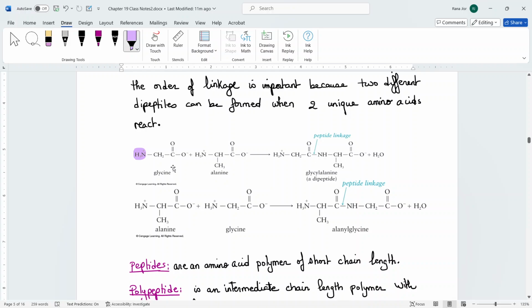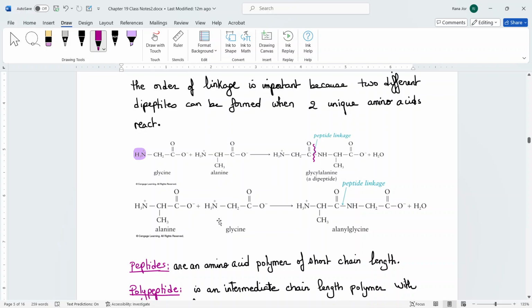The sequence is important because if you react glycine and alanine, you get a dipeptide which starts with glycine and ends with alanine. To break down that dipeptide to its individual amino acids, all you need to do is break down the amide bond. And this is the glycylalanine dipeptide.